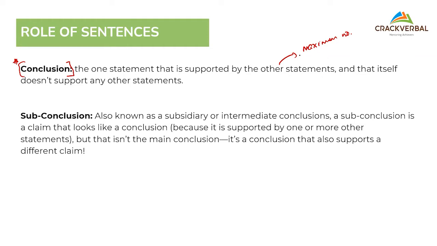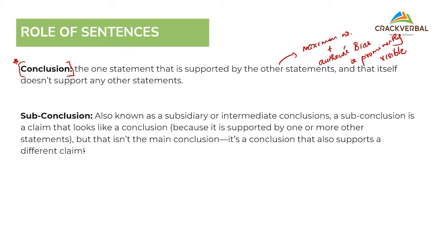Now, why did I say maximum number? Because there's another thing for which the author's bias is prominent. Author's bias is preference. The author's bias is prominently visible. That is something I will be calling a conclusion.